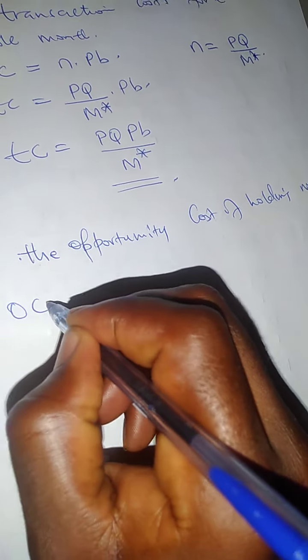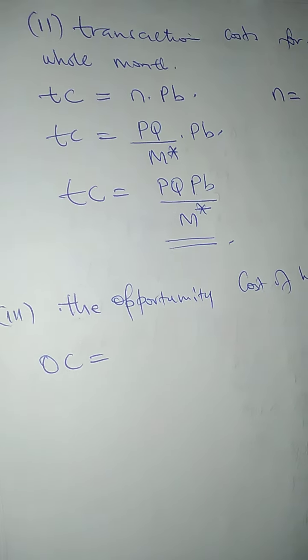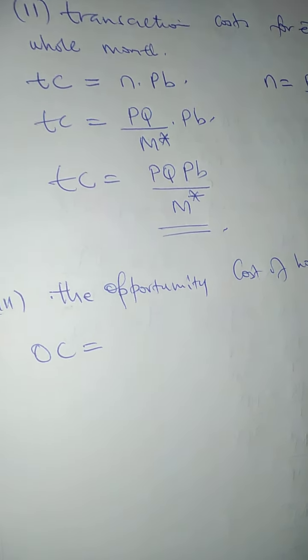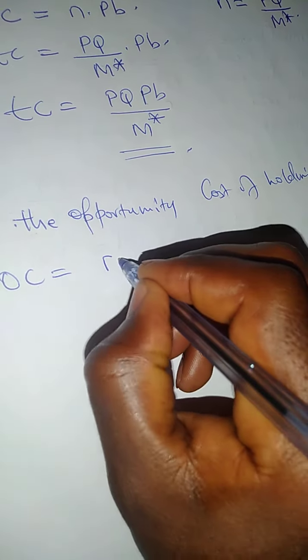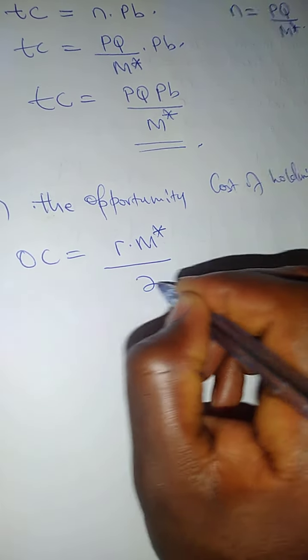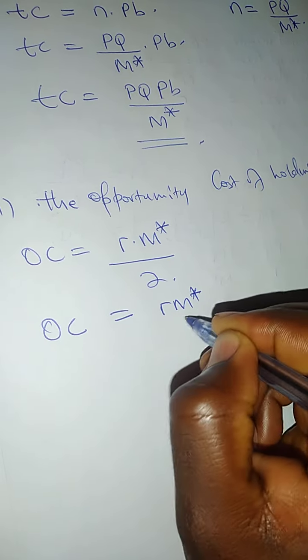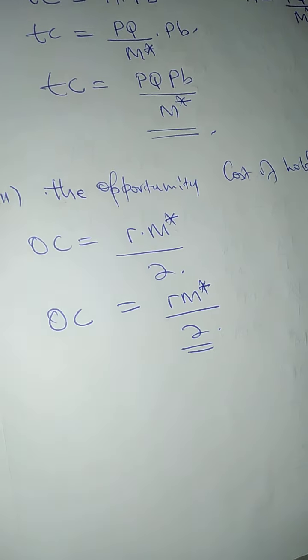The opportunity cost of holding money is the interest you forego by holding cash. That means it's going to be R times the average money holding, which is now M star over 2. So the opportunity cost of holding money is equal to R M star divided by 2. As simple as that.